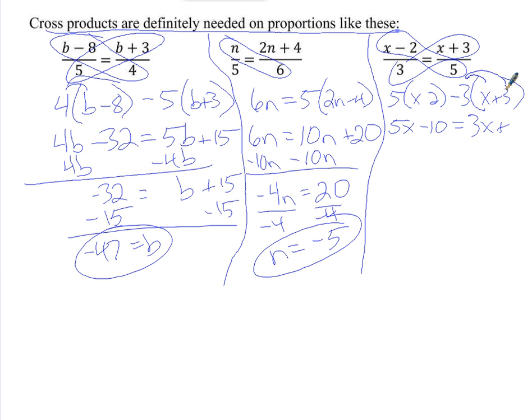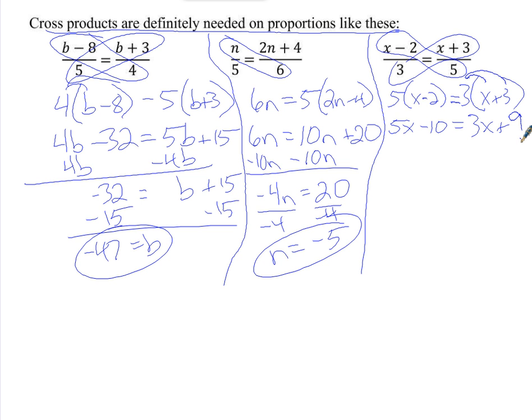They forget to distribute that second thing in here, and this should be a minus sign here, right? Distribute to both terms. 3 times x is 3x. There should be an equal sign. Then plus 3 times 3 is 9. So make sure you are distributing to both terms. All right, that's a very common mistake.